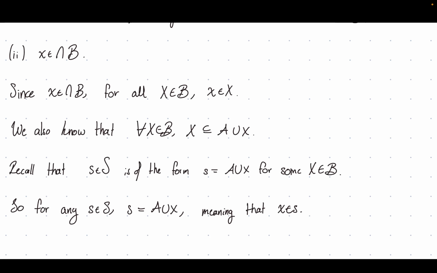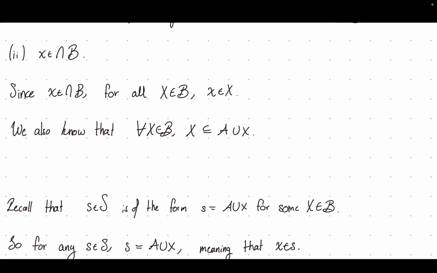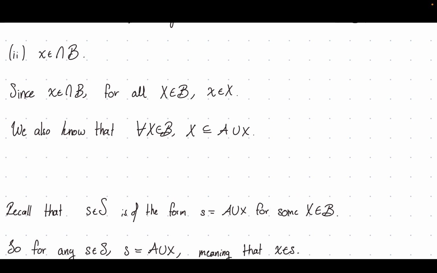I think I skipped a little step. You might have caught it, and it's not that important, but I think it's useful. We also know that for all big X in script B, little x is in A union big X. I think this was the key step I was missing.